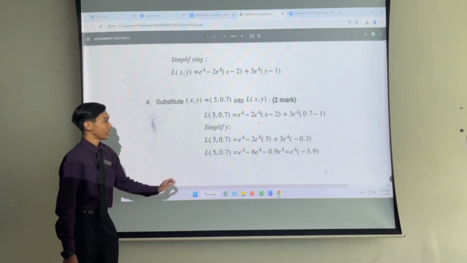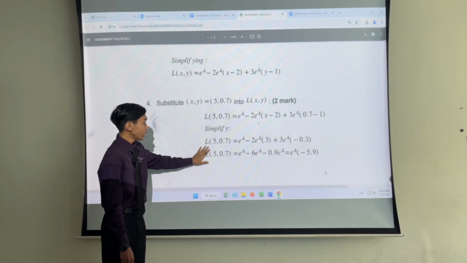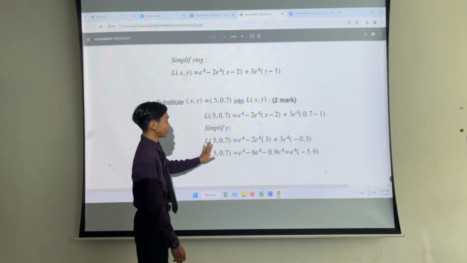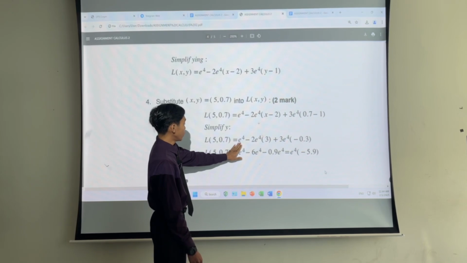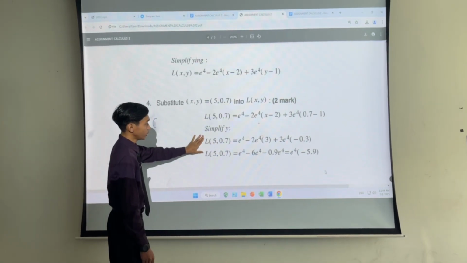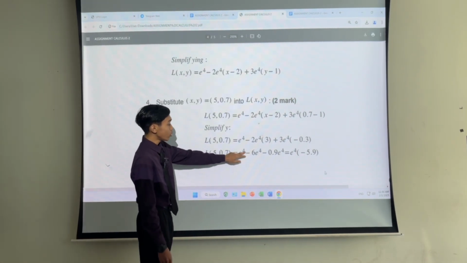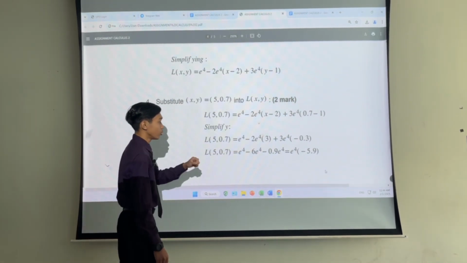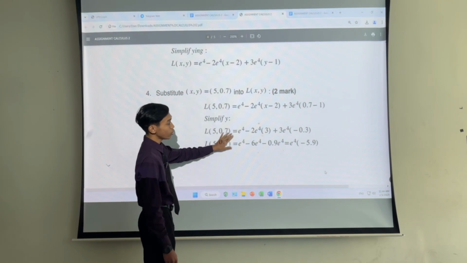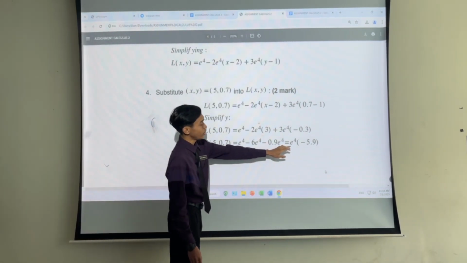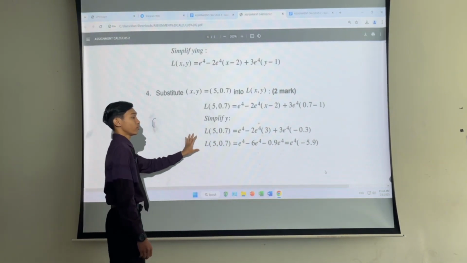We simplify the equation, and we get the final result: e to the power 4 minus 6 e to the power 4 minus 0.9 e to the power 4, equal to e to the power 4 multiplied by negative 5.9.